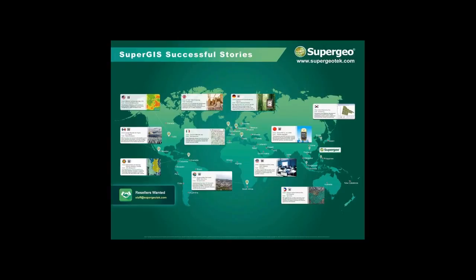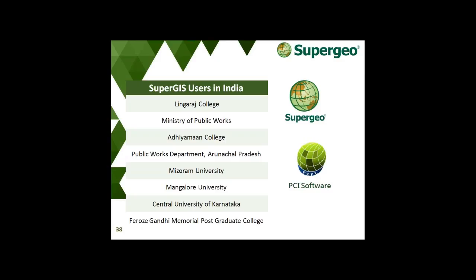Also, I especially list some of our users in India here for your reference, like the Ministry of Public Works and Central University of Karnataka. More user references can be found on the SuperGeo website, but you are more than welcome to try it yourself.